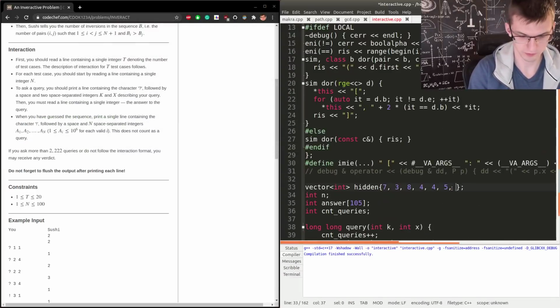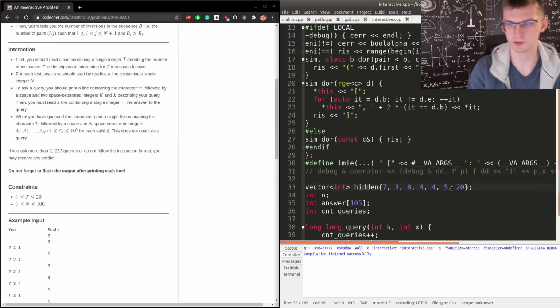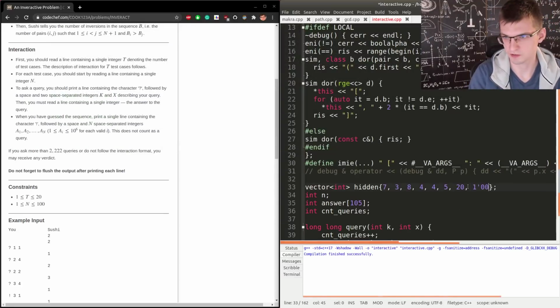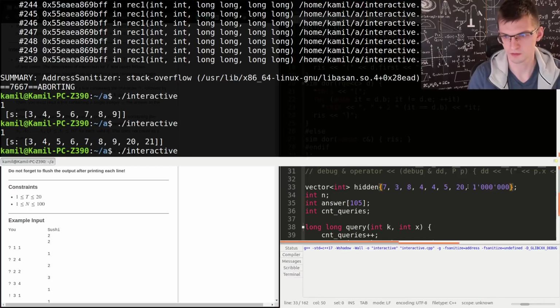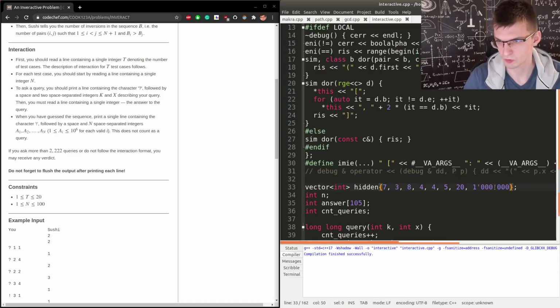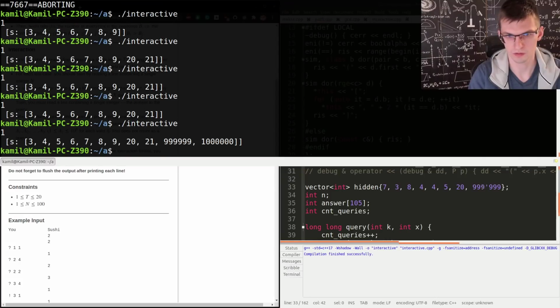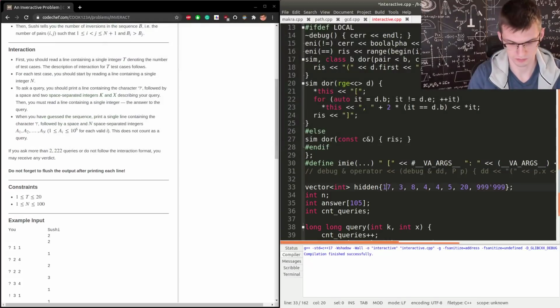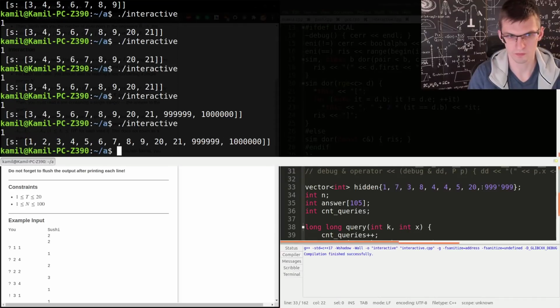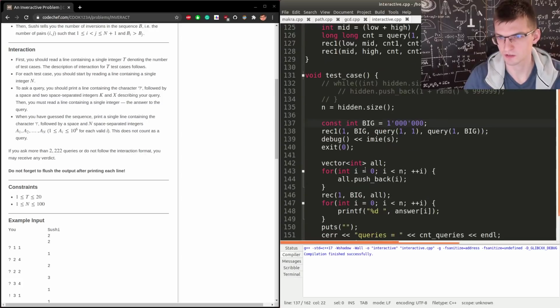If I add here value 20, 20 and 21, so there is one unnecessary value. Hmm. 1 million is kind of missed. So to this set, where is the set here?